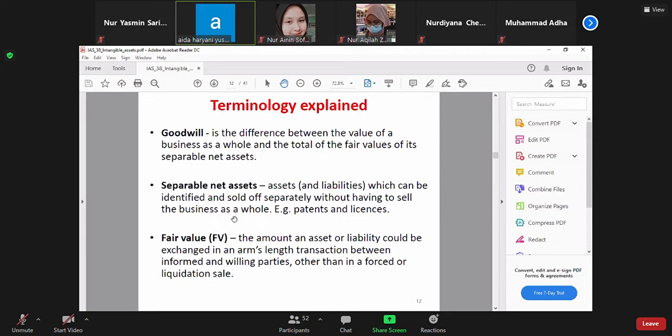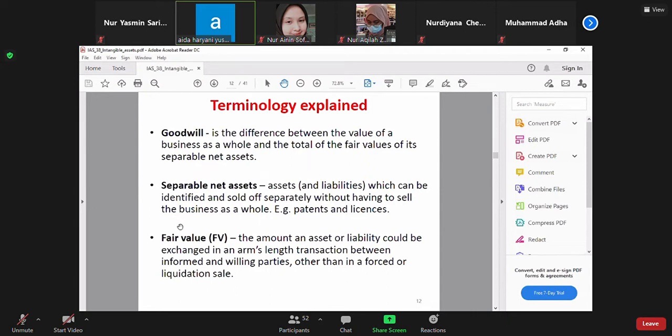Meaning what you will do, you will take the items of the company, the asset and liability items, and you will calculate them one by one. Okay, fair value, for example how much is the property, how much is the land, and so on, one by one to get the net asset. Here, they give an example, patents and licenses. Okay, this is what they mean by separable net assets here.